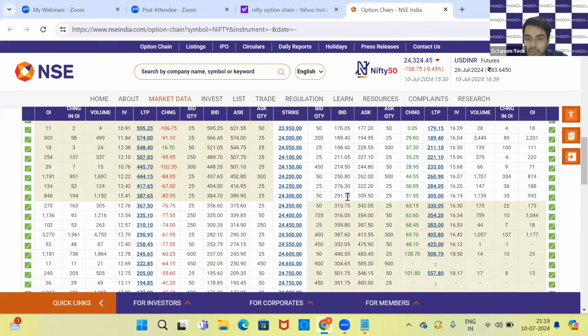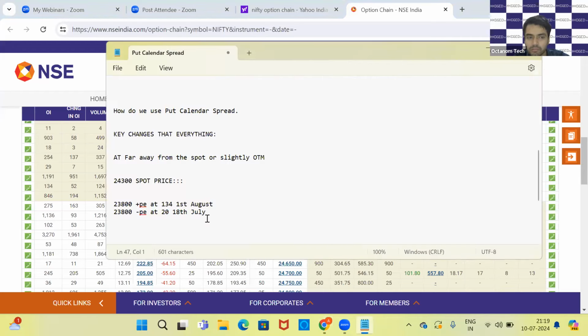Your at the money premiums are at 290 rupees. I'm considering a cheaper price. Your ATM of 1st August is at 290.